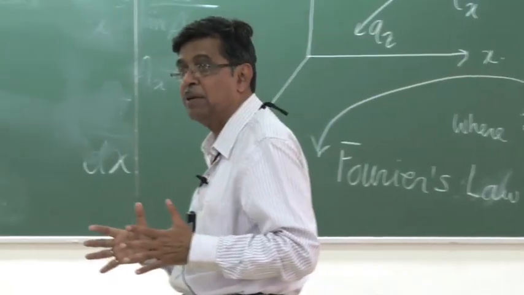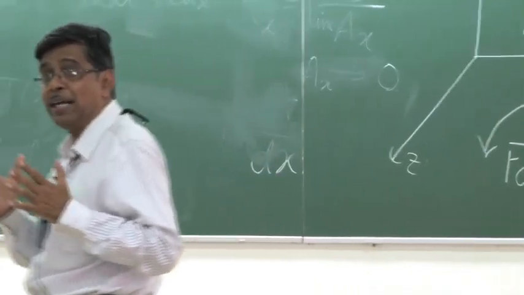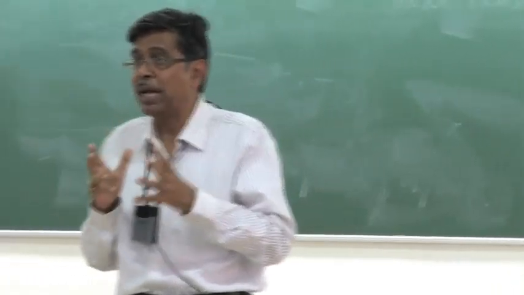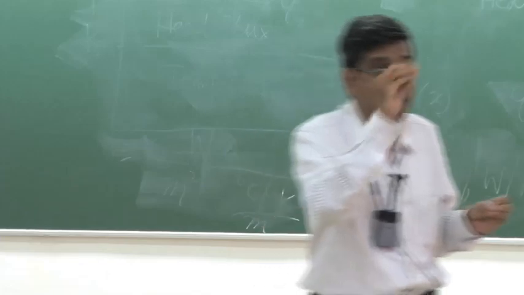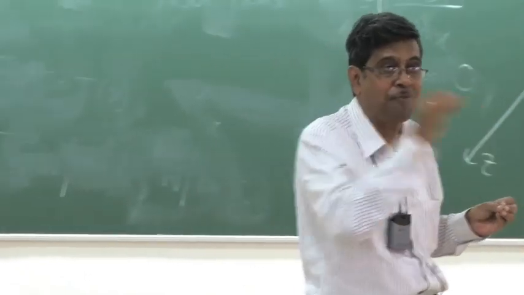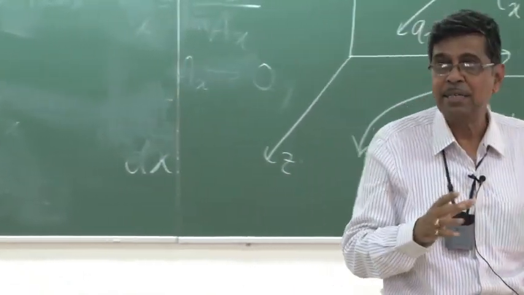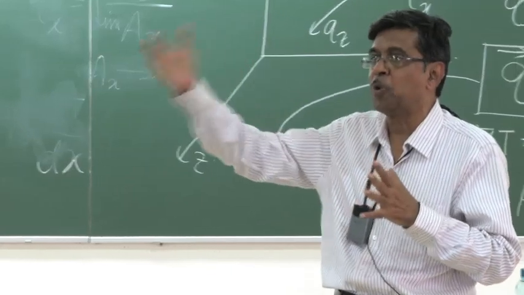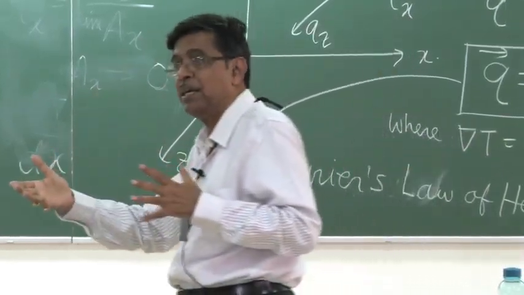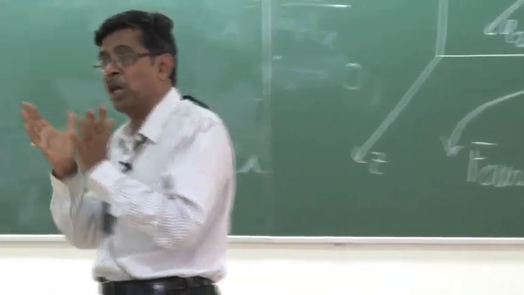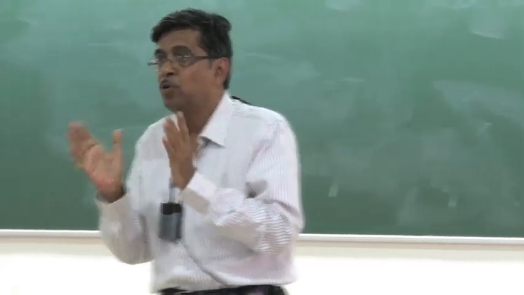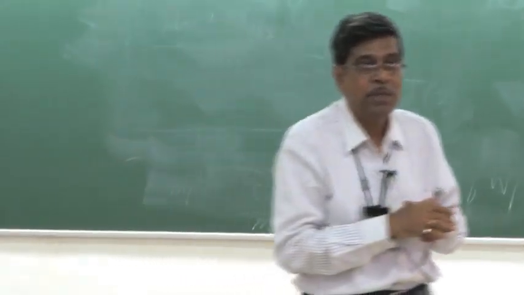For highly crystalline non-metallic solids, for example diamond, graphite, silicon, quartz, this lattice vibrational wave propagates, and that propagation makes the major contribution to the conduction of heat, not the free electrons.